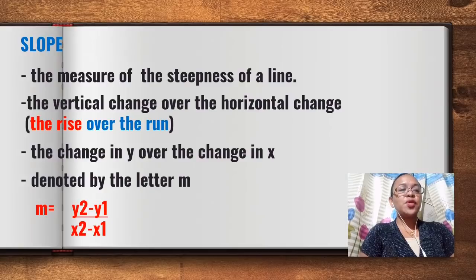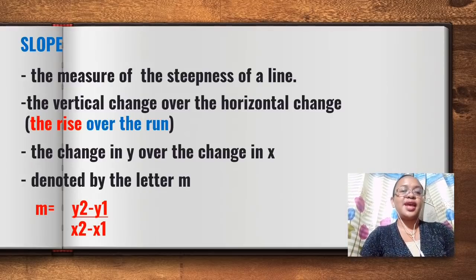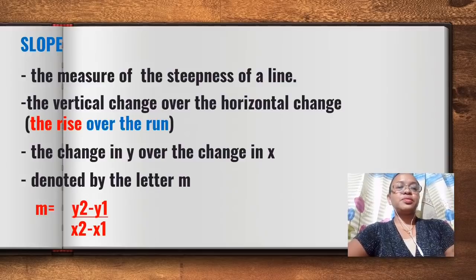As a formula for solving the slope, we have m is equal to the second y minus the first y divided by the second x minus the first x. So we will have to apply that formula later.